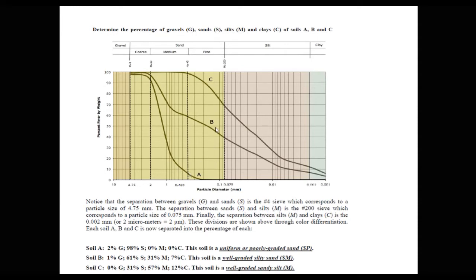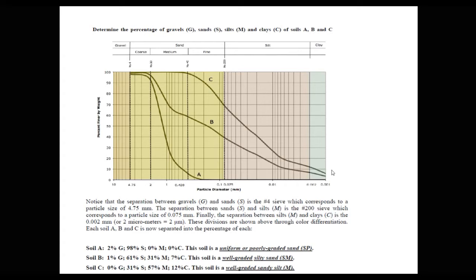If you look at soil B, you're going to see that the particle sizes go all the way from number 4 to 0.001 millimeters. And this only signifies that it's a well-graded soil. I don't know what kind of soil it is, whether it is well-graded clay or well-graded silty clay, sand. I really don't know, because I need to look at these numbers here. But just by looking at it, you get a feeling that this is a well-graded soil.